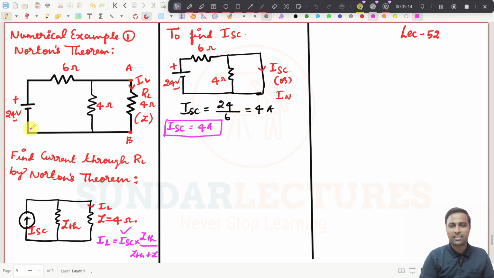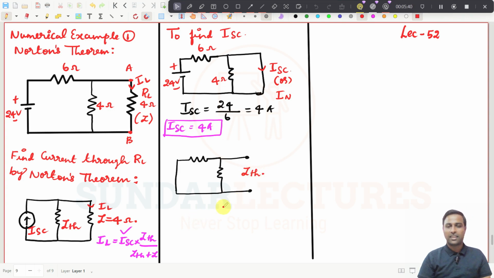So the circuit has points A and B here, the voltage source is short circuited, and there is a resistor here and another resistor here. You need to find the impedance across point A, point B.